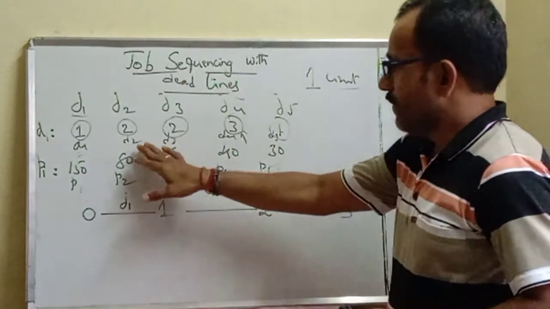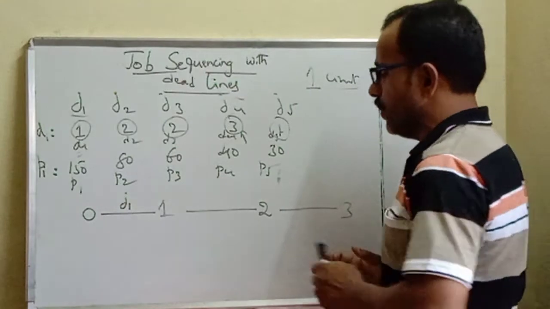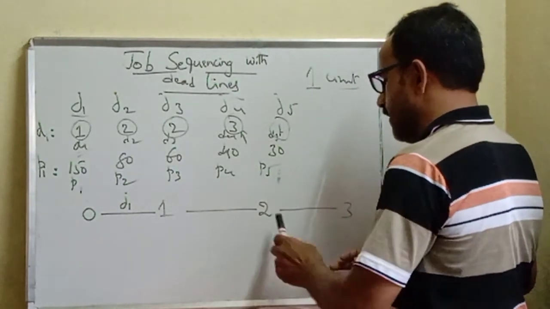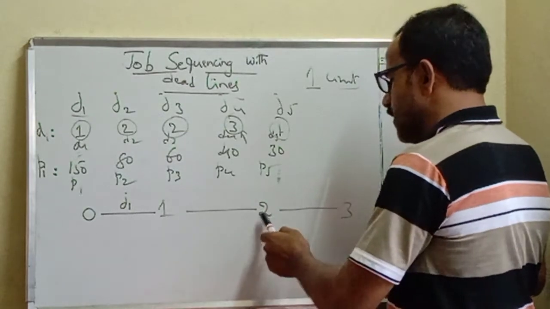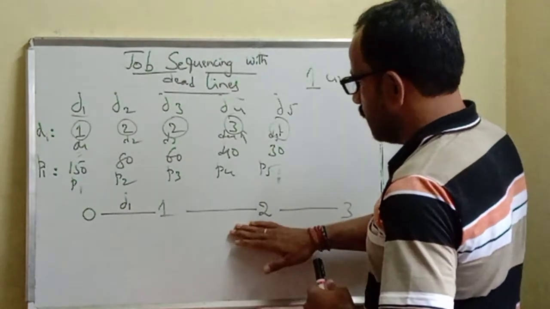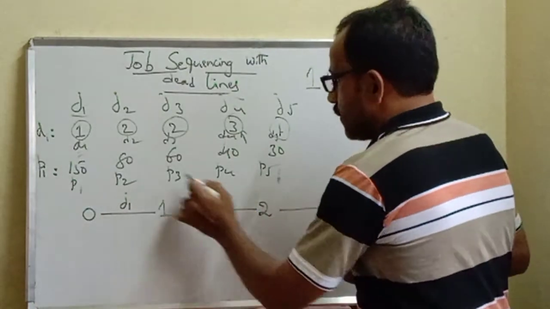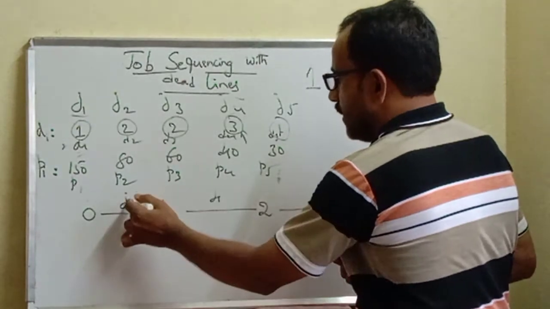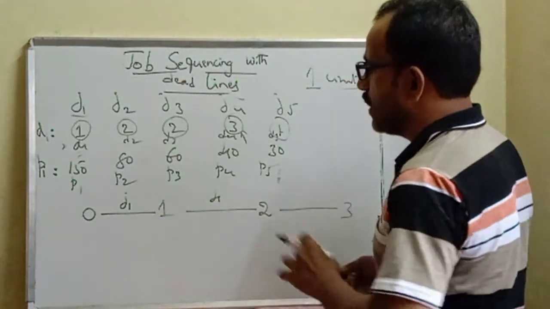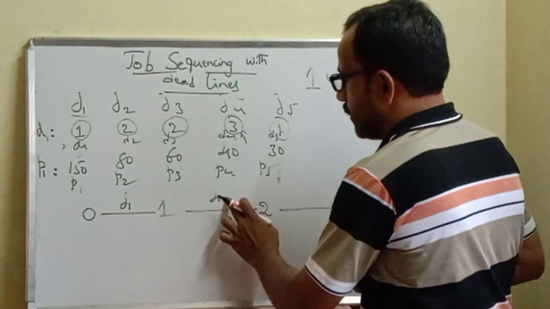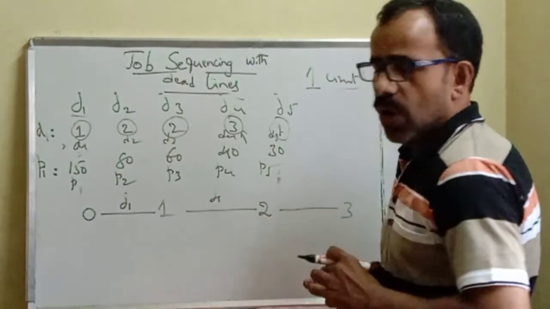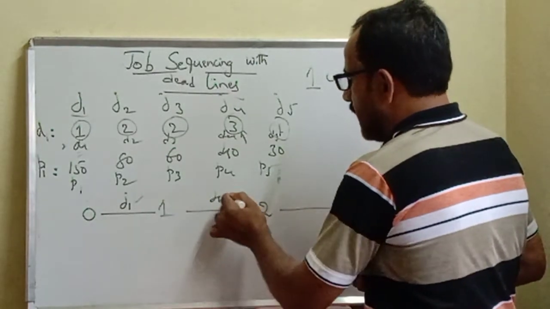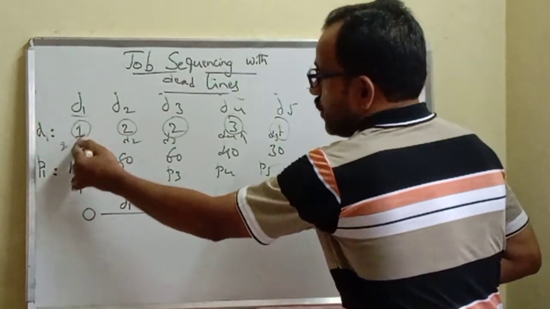But suppose the first job's deadline is 2, better to execute that job in the 1 to 2 slot, because beyond 2 we cannot execute, but before reaching 2 we can execute this job here. If job 1's deadline is 2 units, better to execute job 1 in the last possible slot. Suppose the next job's deadline is 1 unit and it has a higher profit; we could not execute it here if job 1 took that slot.